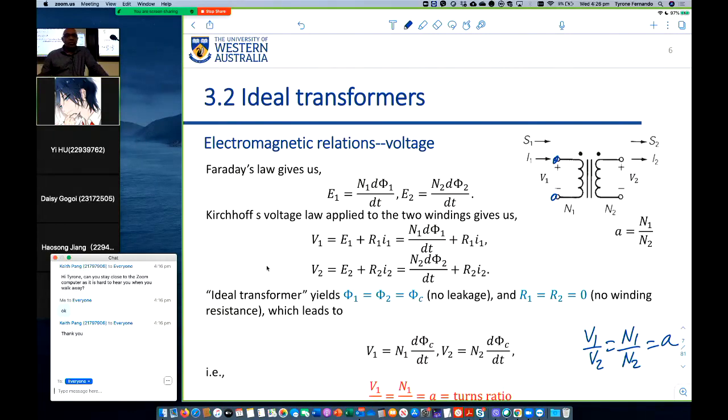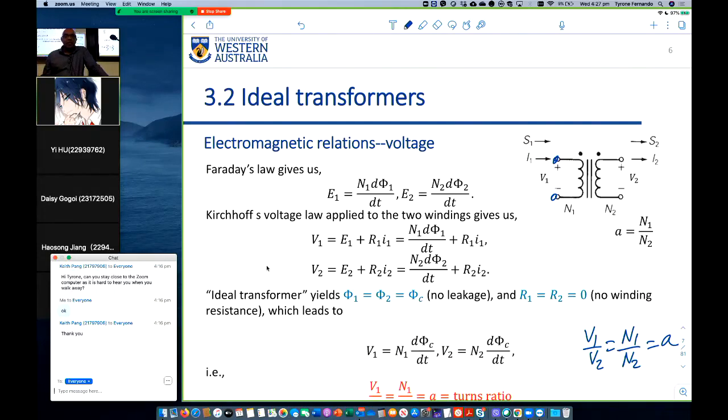Again, Kirchhoff's voltage law: V1, the voltage at the primary terminal, must equal the induced EMF plus some IR loss in the winding. In the ideal transformer case, we assume R1 is 0.